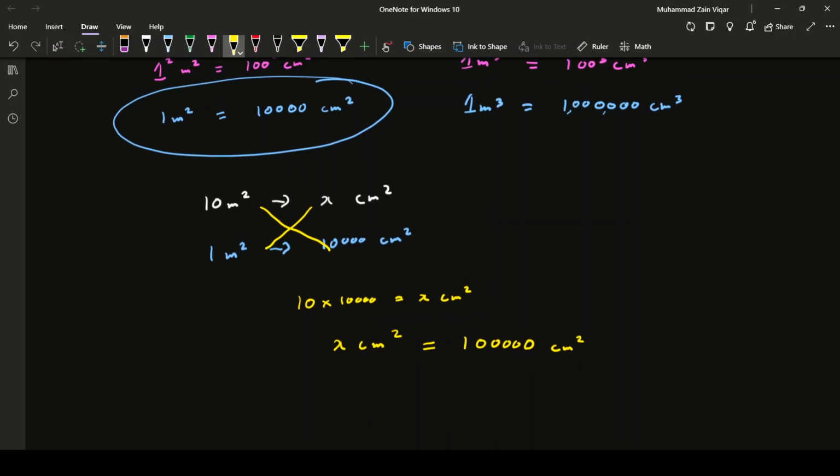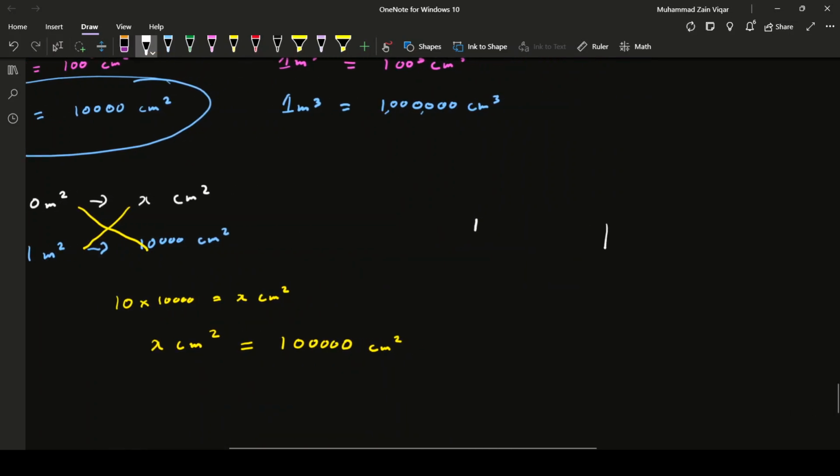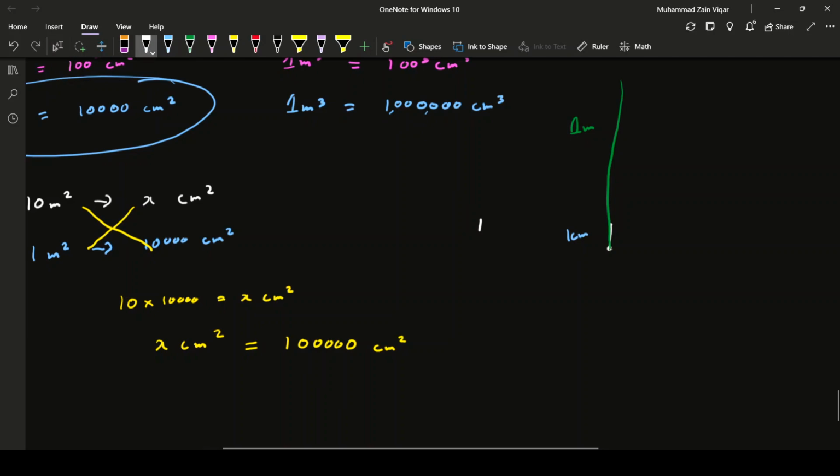1 centimeter, if let's say a line of 1 centimeter, obviously I needed 100 of these centimeters to fill 1 meter, but now I'm going with the area, so I am going like this.